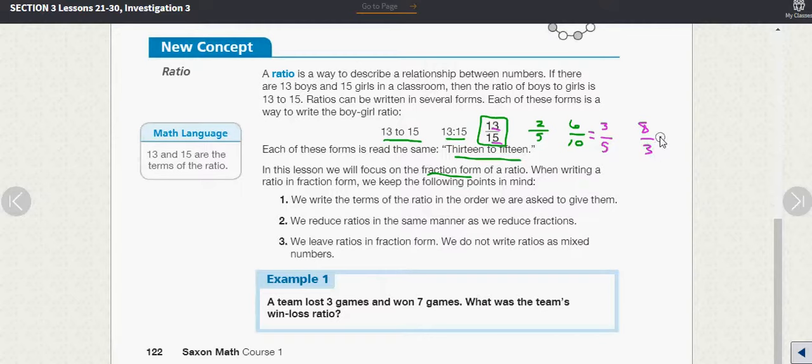Don't change that into 2 and 2/3. If you can't reduce it, leave it as 8 to 3. Again, another way to show it would be like that, but today we focus on that fraction style.